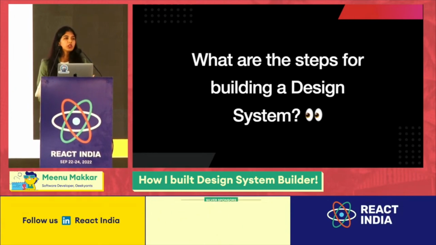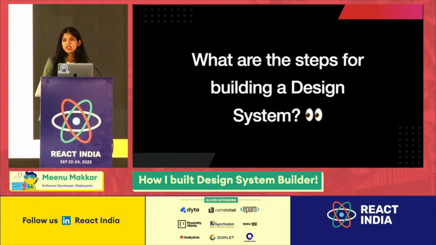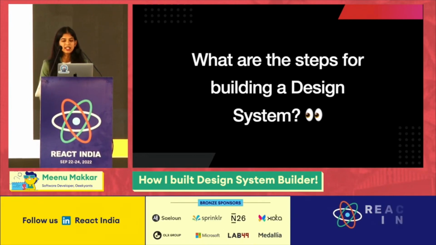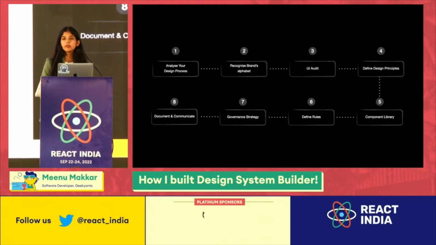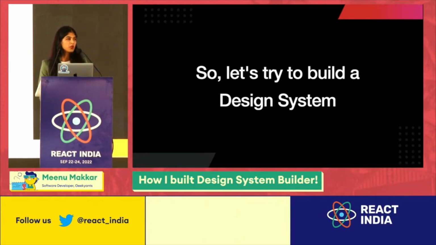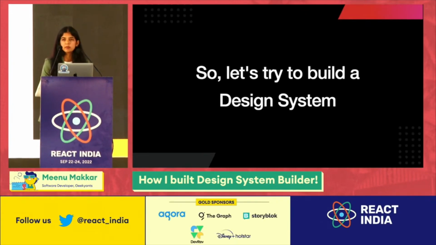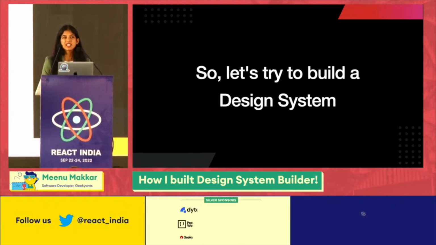Now that we know what a design system is, let's see what the process of building a design system looks like. There are certain steps that we usually follow to build a design system. To understand this process better, we will take an example of a brand. Any suggestions?